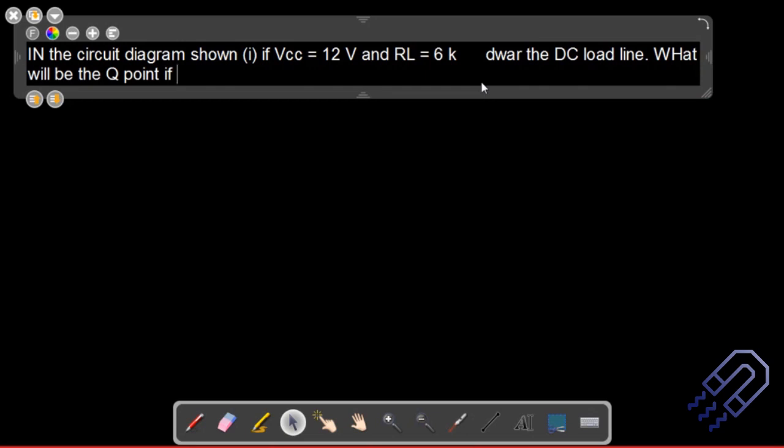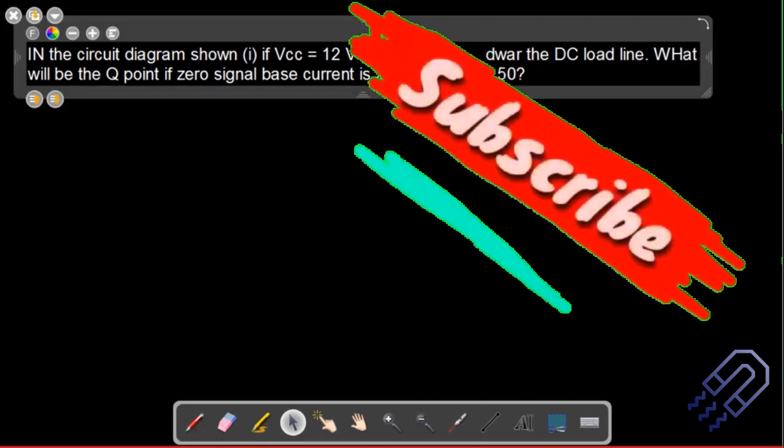If zero signal base current is 20 microamps, and beta is equal to 50. That's the question. Now I will give you some time to do it.